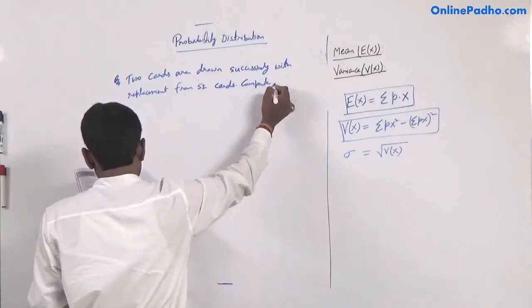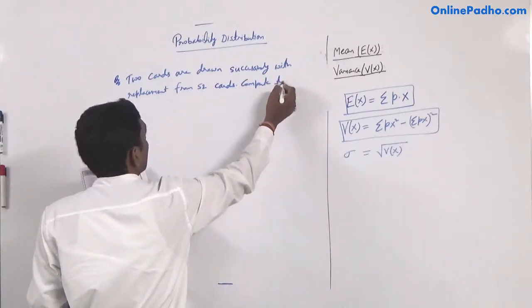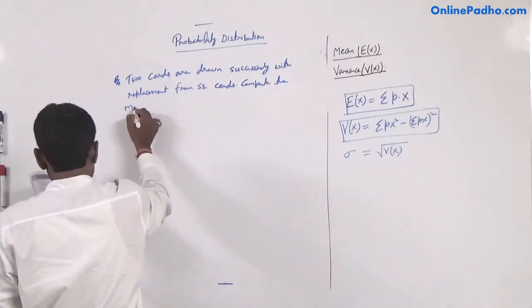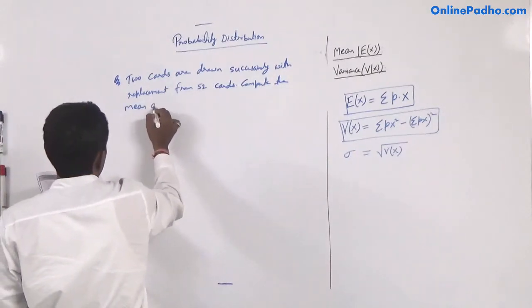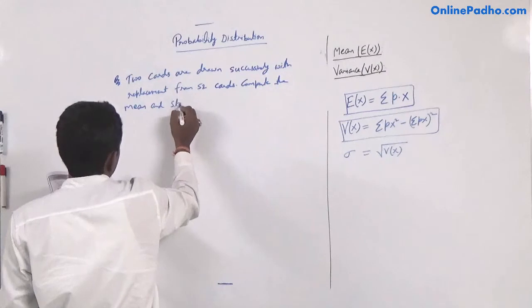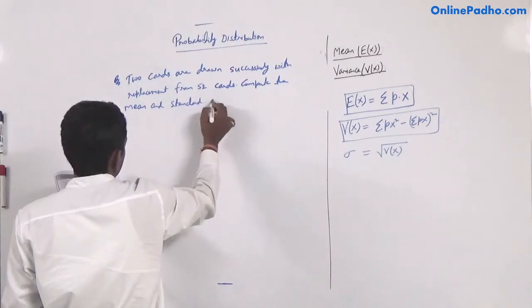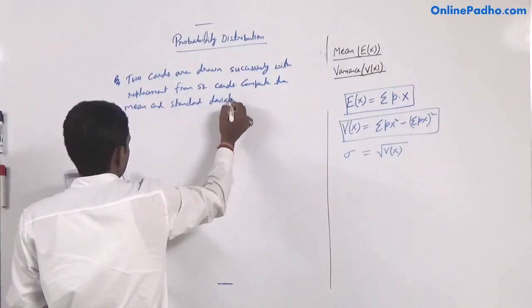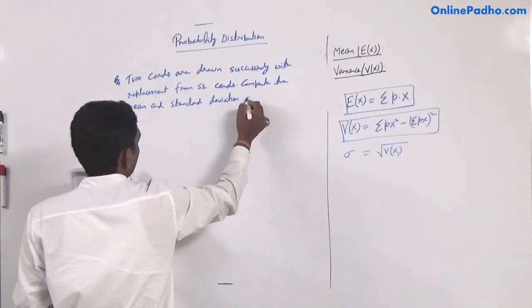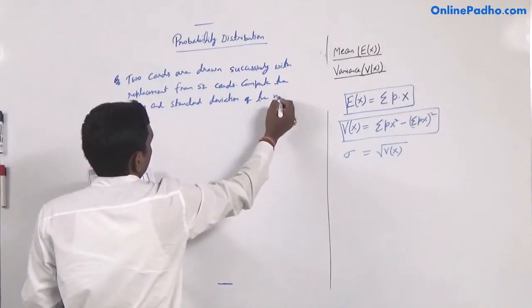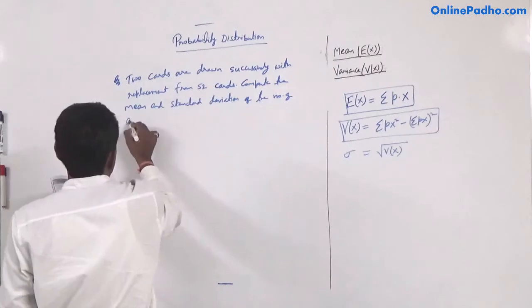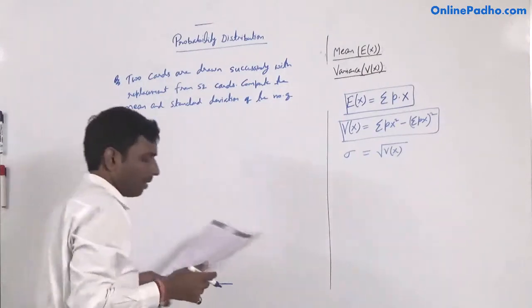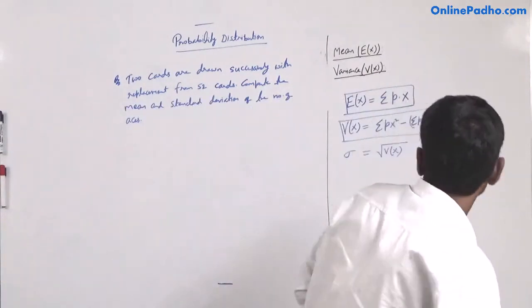Compute the mean and standard deviation of the number of aces.